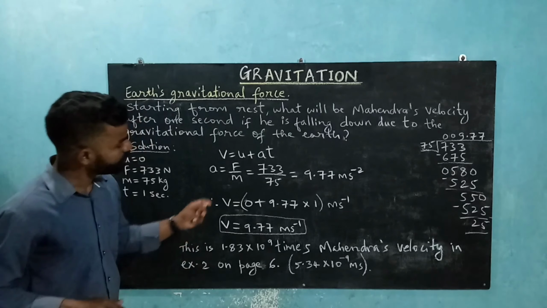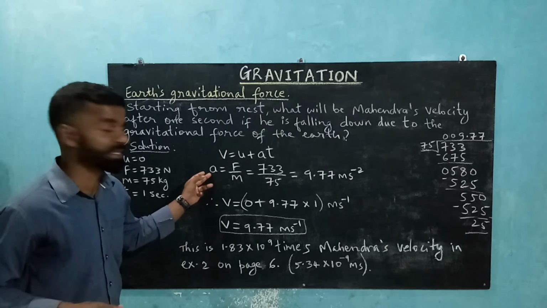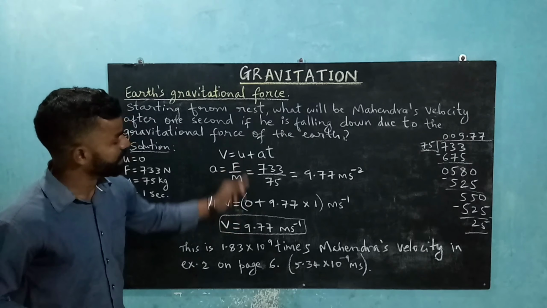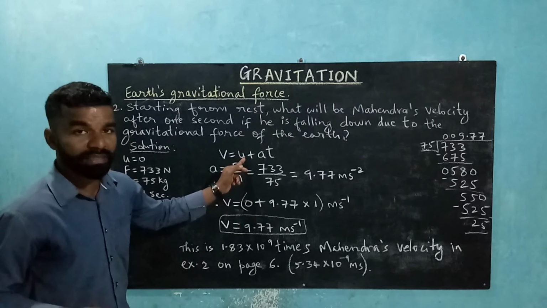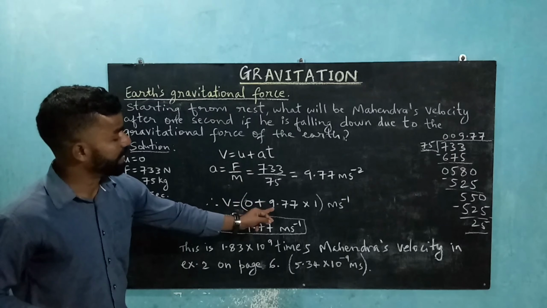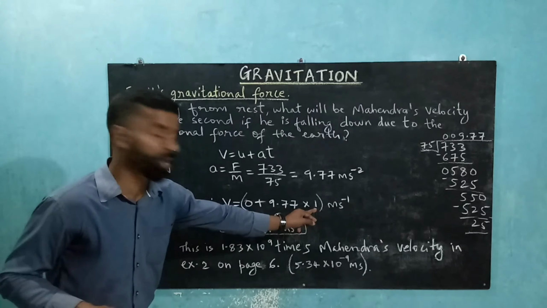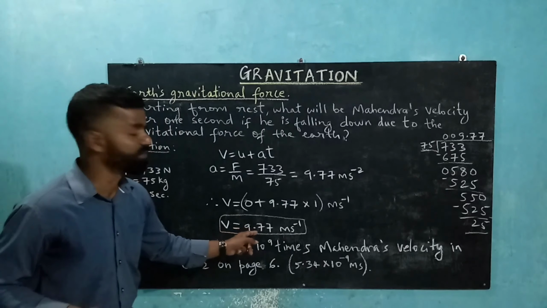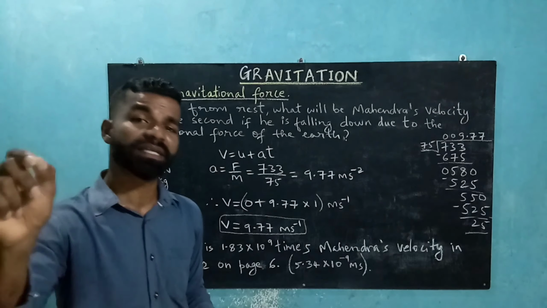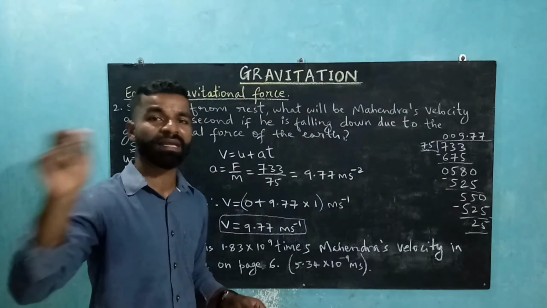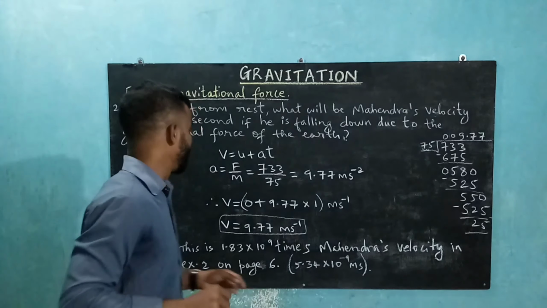Then we can substitute this value for acceleration in the formula. u is 0, the initial velocity, because Mahindra is at rest, acceleration is 9.77, and time is 1 second. So the answer is velocity equal to 9.77 meter per second. Meter per second is the unit for velocity, and meter per second square is the unit for acceleration.